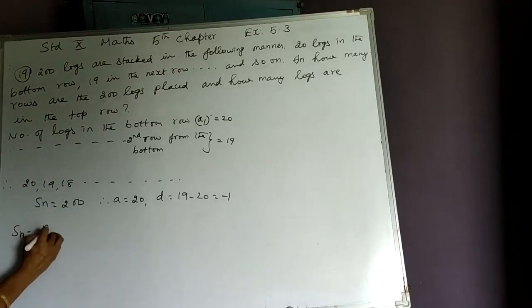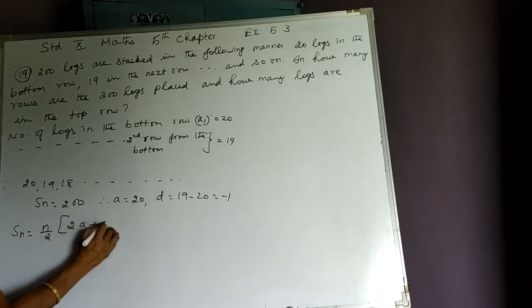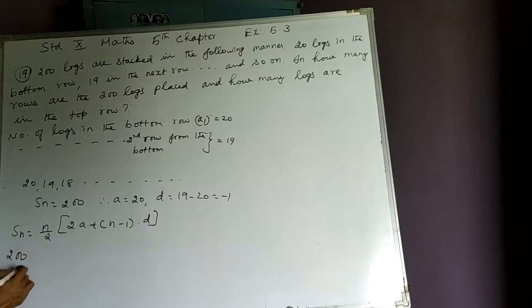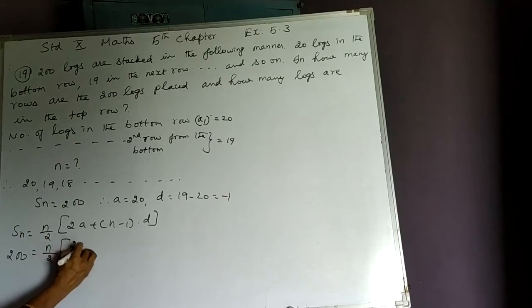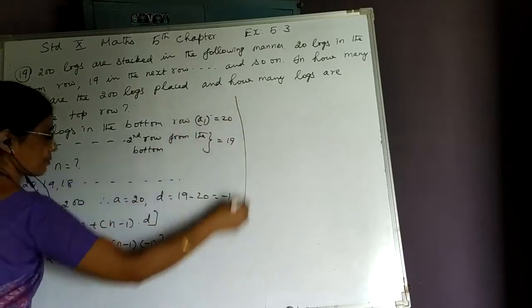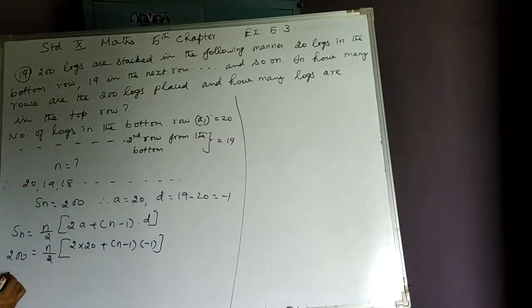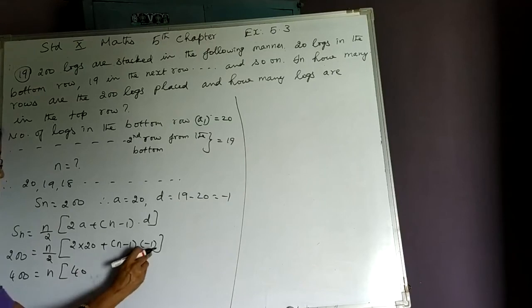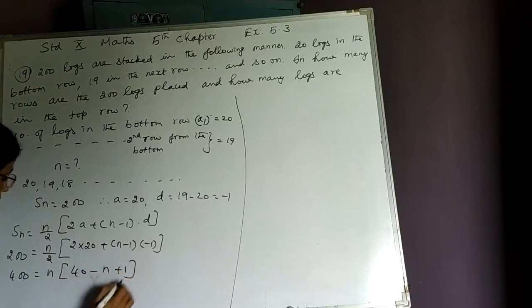Now Sn is n upon 2, 2a plus (n minus 1) into d. Sn value is 200, n we don't know, number of rows are asked, so n we are asked to find out, n is asked here. 2 into a, 2 into 20 plus (n minus 1) into minus 1. Here it is 2 into 200, 400, equal to n into 40 minus n, we are multiplying with minus 1 here, minus n plus 1.